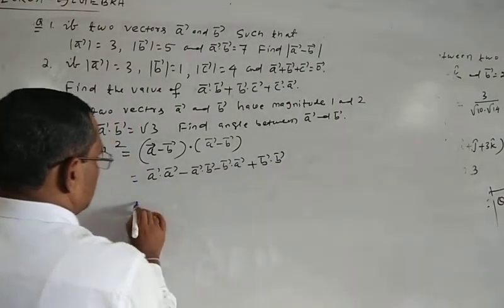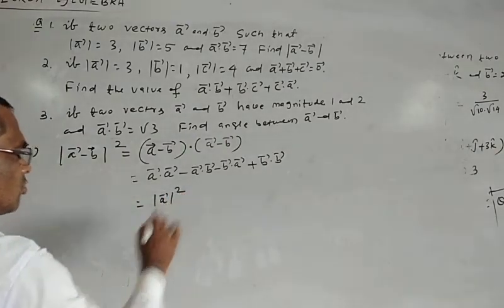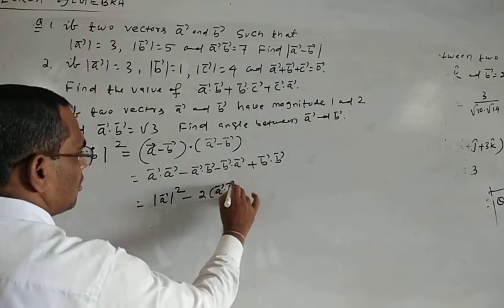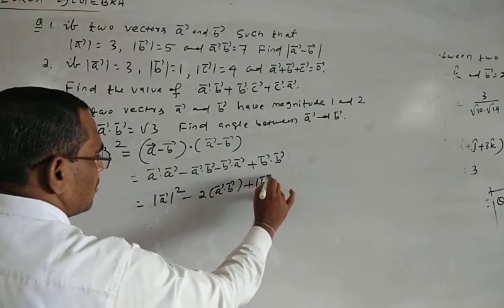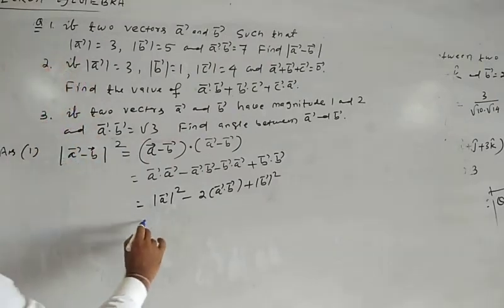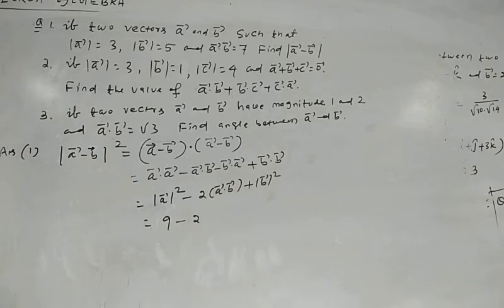Okay, so a vector dot a vector equal to a vector magnitude square, minus 2 into a vector dot b vector, plus b vector magnitude square. But you know a vector magnitude is equal to 3, so 9 minus 2 into, what is this?